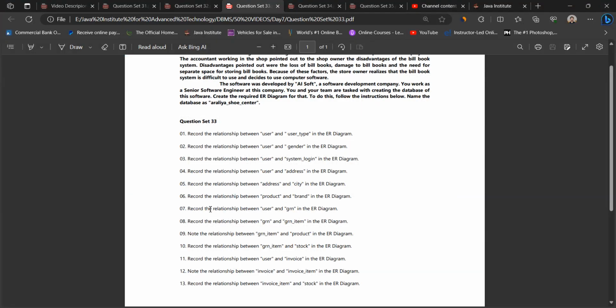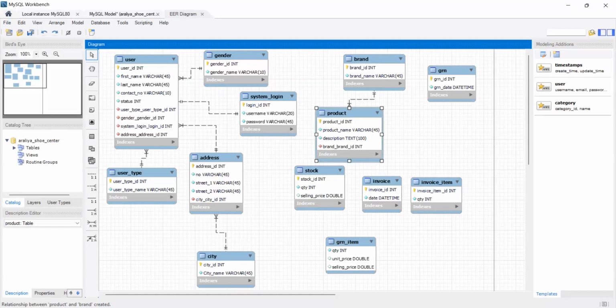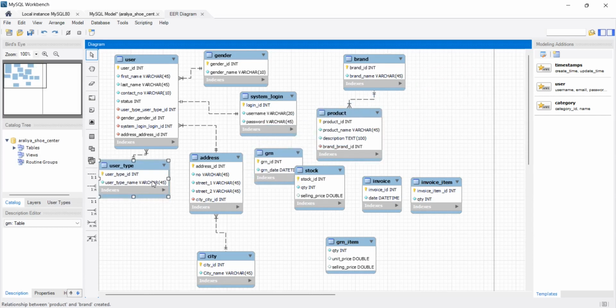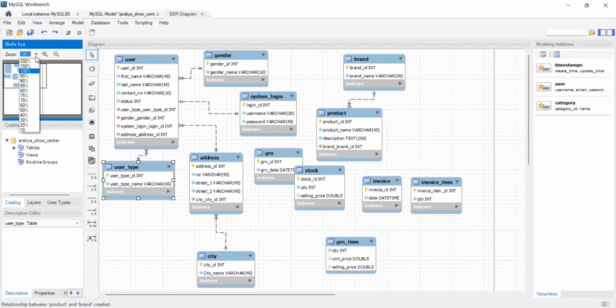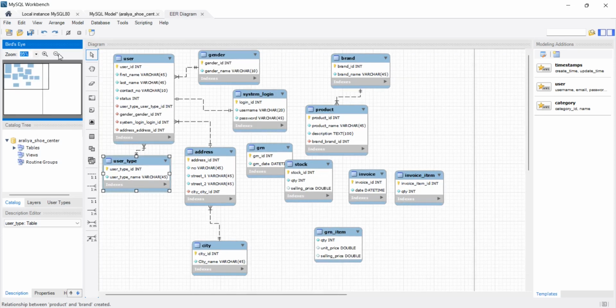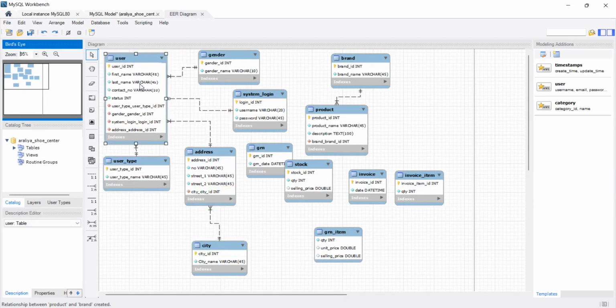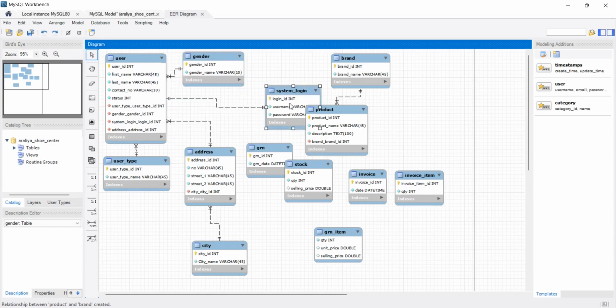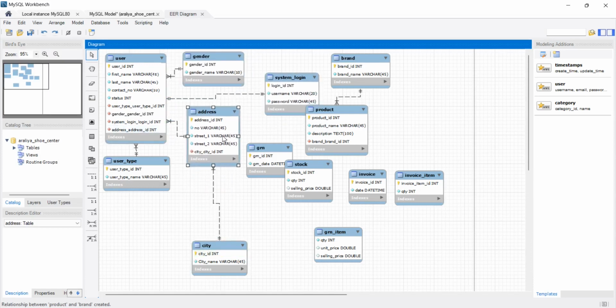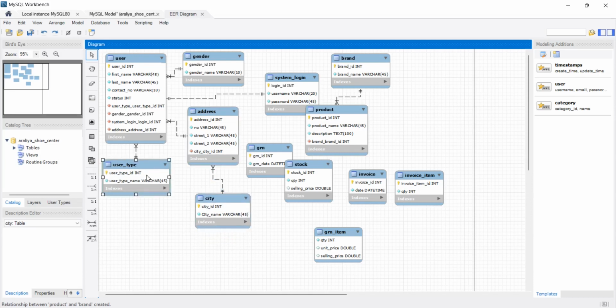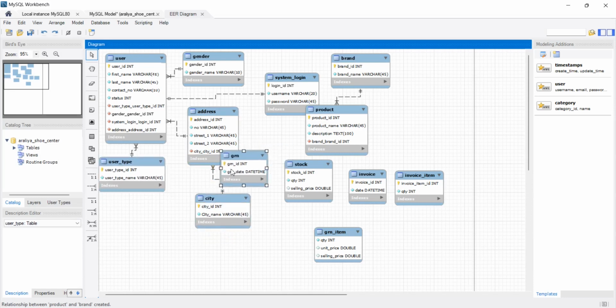Seventh question, record the relationship between user and GRN in the ER diagram. User and GRN.